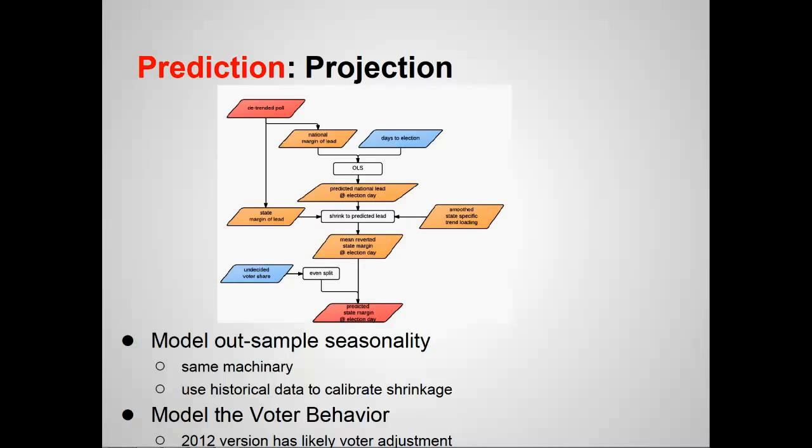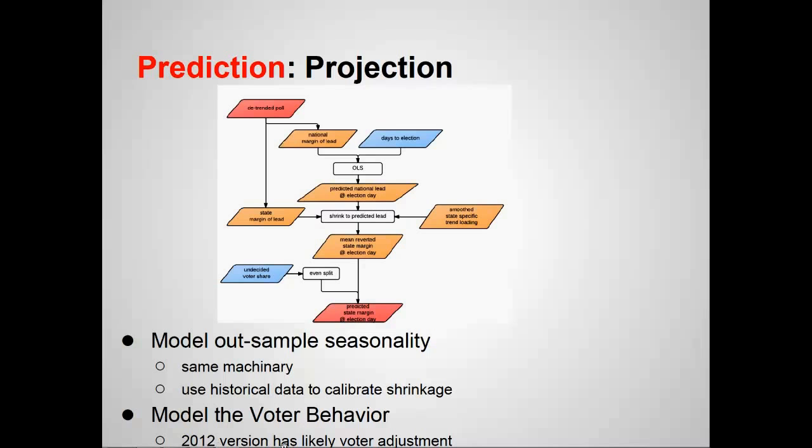But that is with respect to the decided voters. What about the undecided voters? So what he did here is just evenly split them between the two candidates. And if you aggregate them up, then you get the predicted state margin at election day, which gives the likelihood that, let's say, Obama or Romney will carry that state.